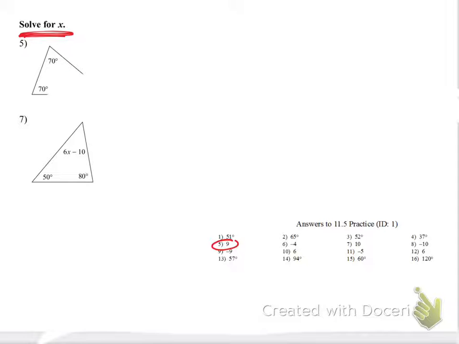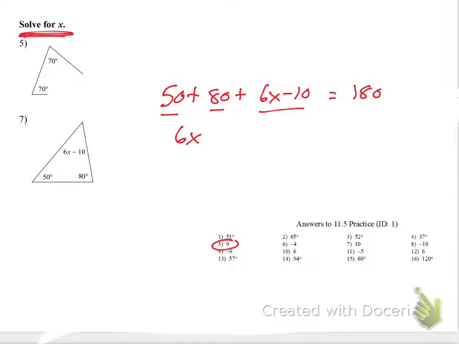All right, so now we're going to do number 7. Again, all 3 angles have to equal 180. So 50 plus 80 plus 6x minus 10. So angle 1, angle 2, angle 3 is equal to 180. I'm going to combine like terms. So I'll start with my 6x. Then I'm going to combine my numbers.